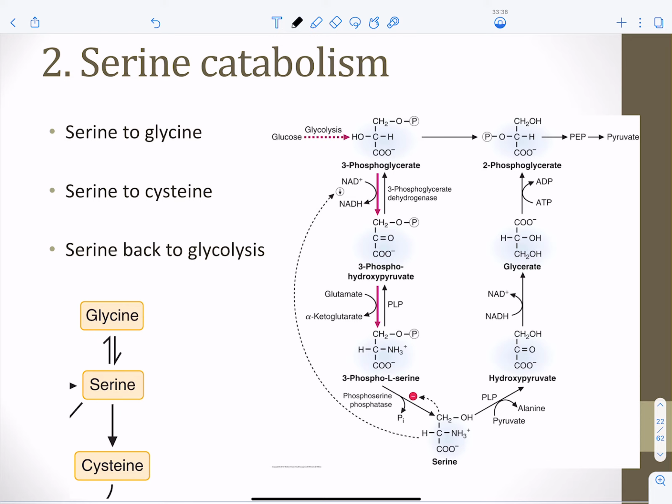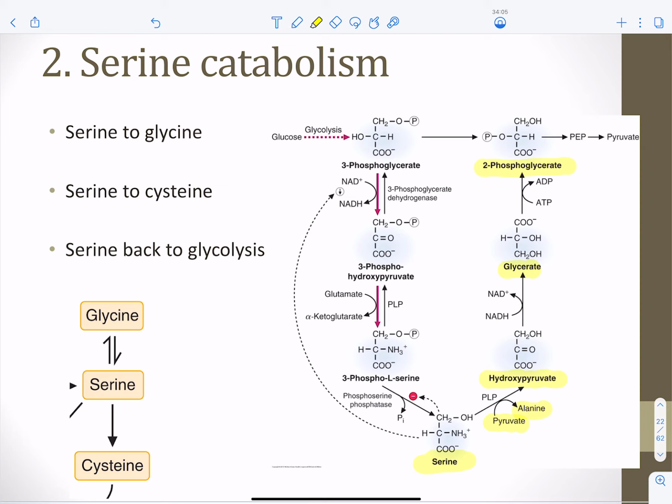And so in glycolysis, you have serine over here. And serine will have the ability to undergo a transamination reaction with pyruvate, which will generate alanine and will give you hydroxypyruvate. And then hydroxypyruvate can become glycerate, which then can feed back into glycolysis through 2-phosphoglycerate.